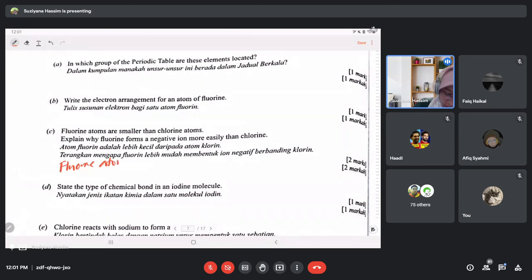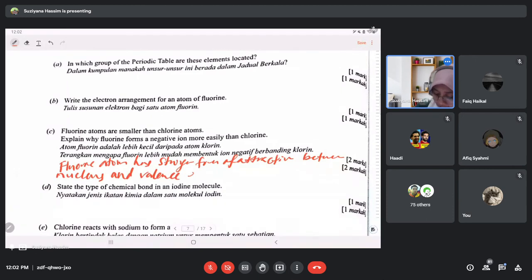Fluorine atom has stronger force of attraction between nucleus and valence electron.